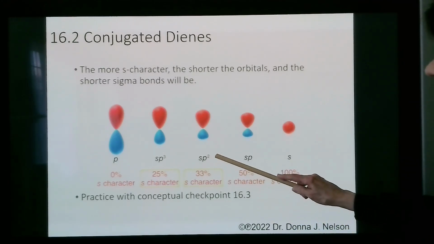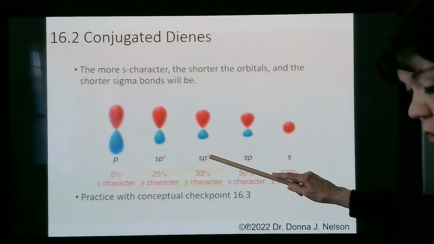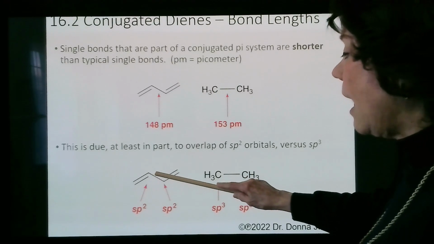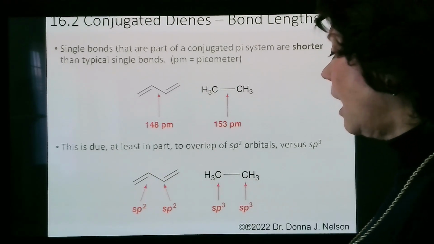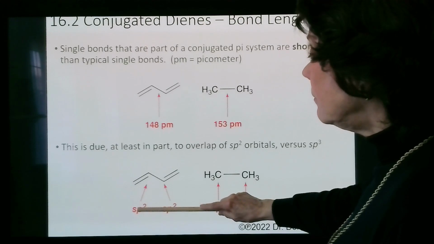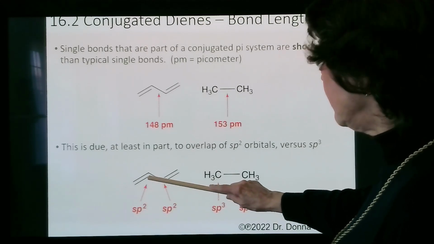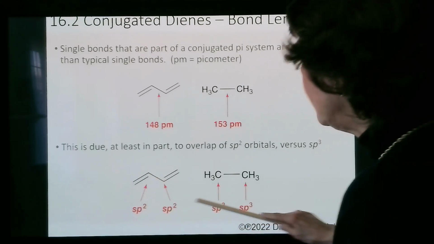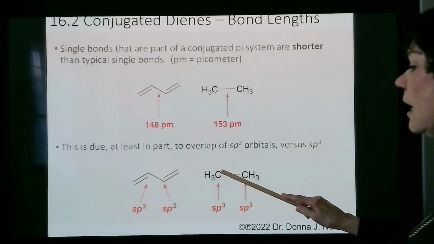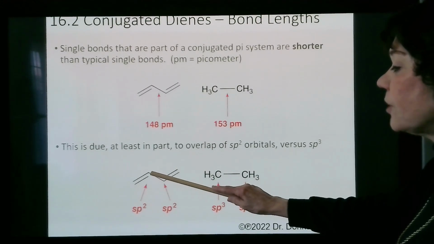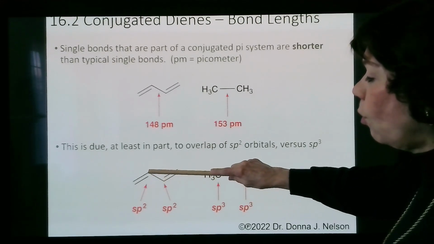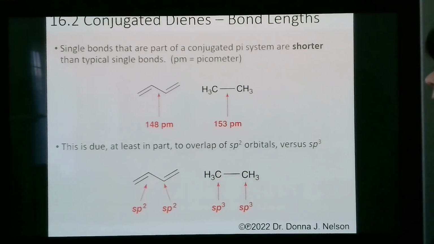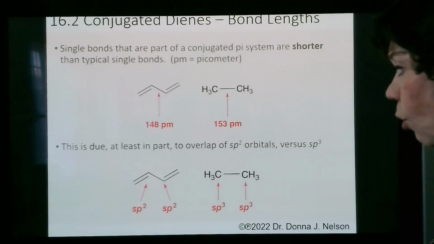And so going back to what we were just discussing, the two orbitals that are overlapping here have more S character, because this is sp2 as opposed to sp3. And so the fact that they have more S character means that the orbitals involved in forming this bond will be shorter orbitals.